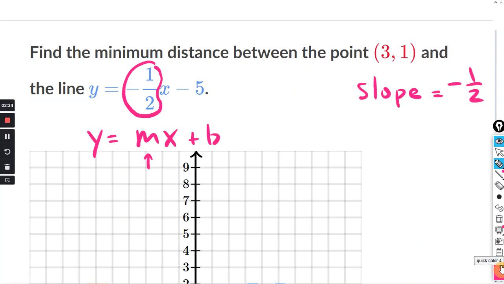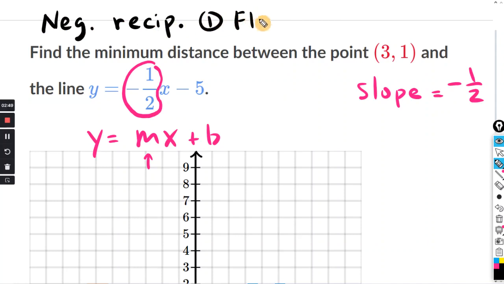All right. So remember the two steps for the negative reciprocal. I'll just write it on top here. Step 1 is to flip it. And step 2 is to change the plus minus sign.